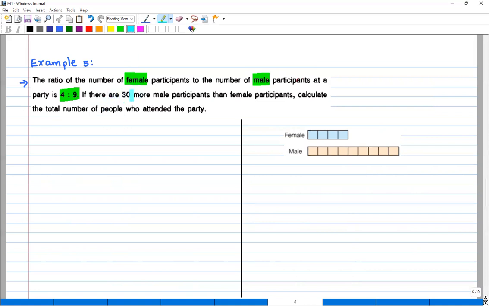If there are 30 more male participants than female participants, calculate the total number of people who attended the party. Now we are also going to use 2 methods. Let us begin with the proportion method.